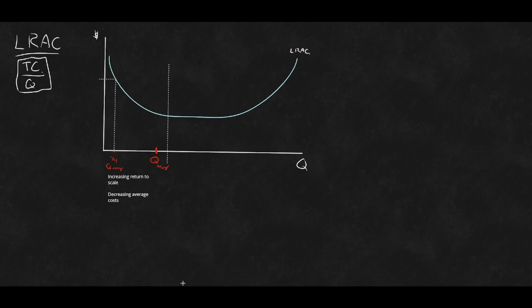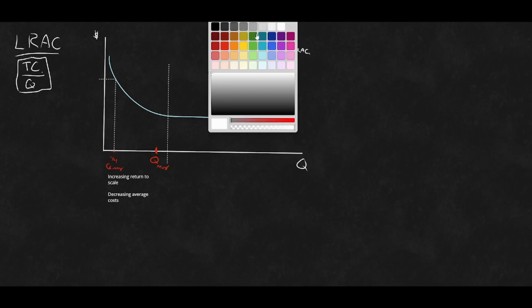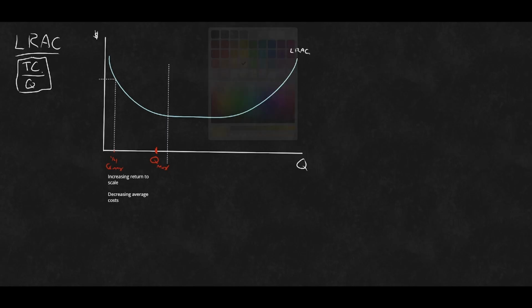However, if instead of having 4 firms competing against each other to provide Qmax, let's say instead we only had 2 firms. We only had 2 firms, so each of those 2 firms are splitting Qmax in half.